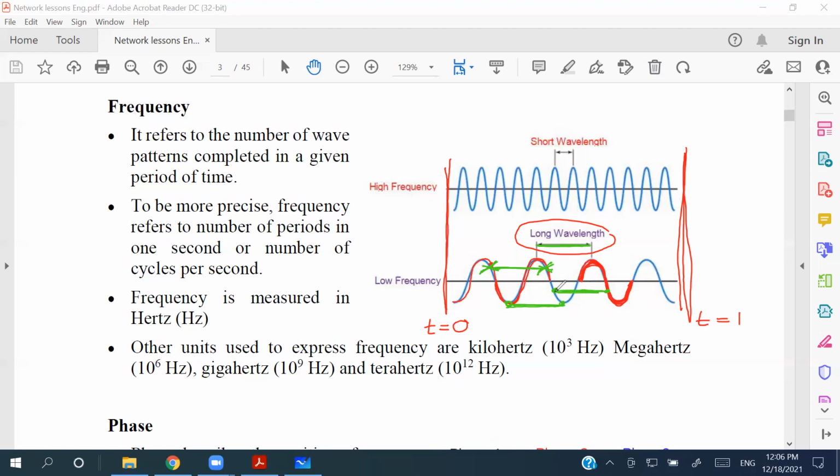Wavelength is a secondary thing taught under frequency. Frequency defines how many curves there are within 1 second. So the greater the curves, the greater the frequency; the lower the curves, the lower the frequency.